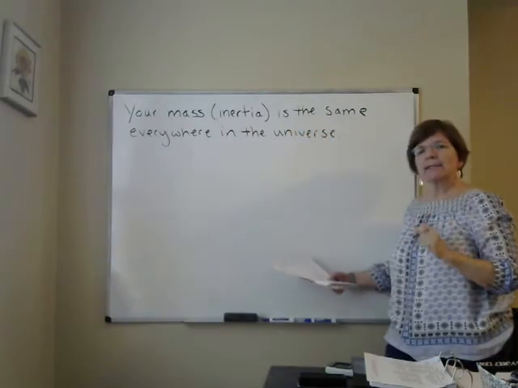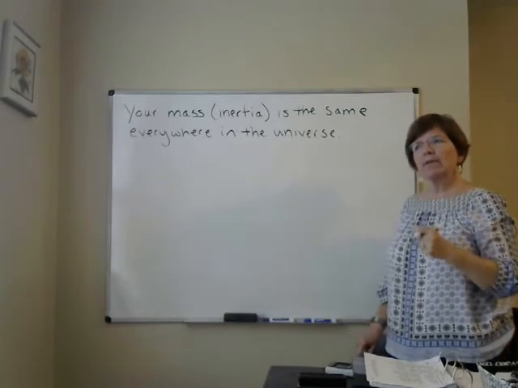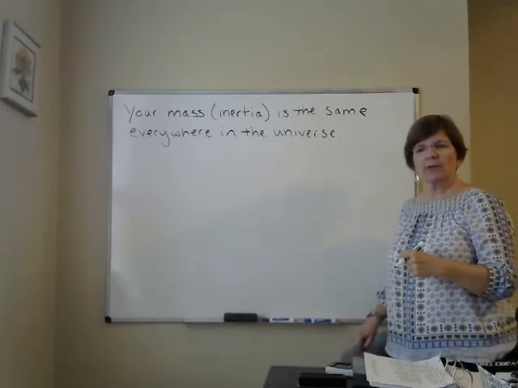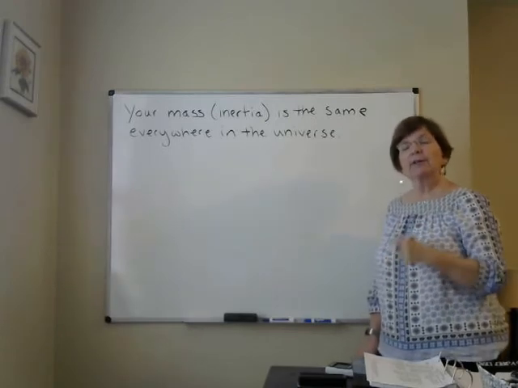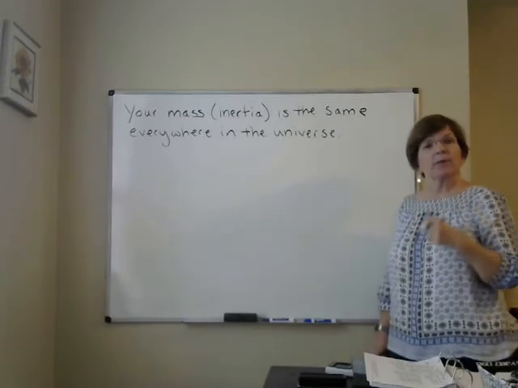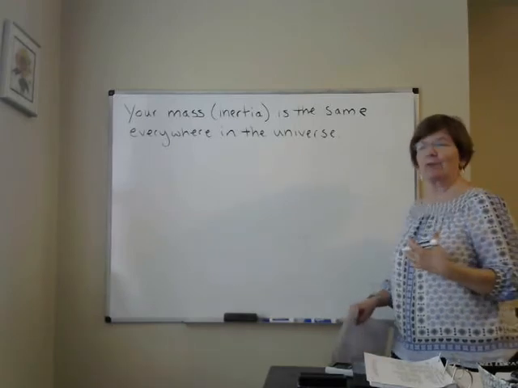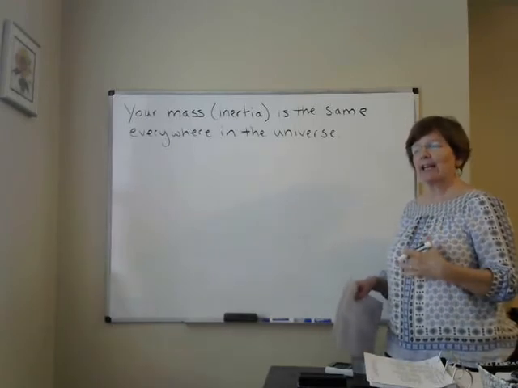If your mass is 50 kilograms, you have a mass of 50 kilograms on Earth, and you have a mass of 50 kilograms on the moon, and you have a mass of 50 kilograms on the planet Mars. If you go to any of those other places, your mass isn't going to change.